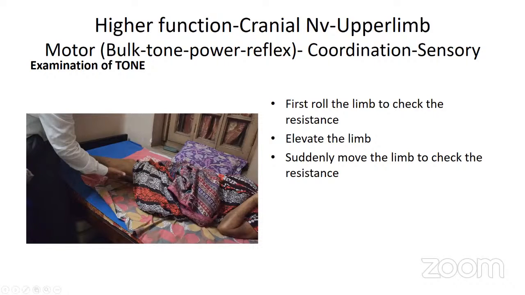Now how to check the movement of the dorsal spine. Always ask the patient to sit down so that the lower limb becomes fixed and there is no rotation of the pelvis.